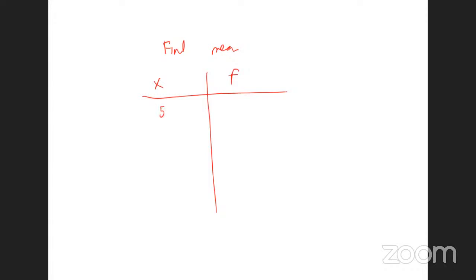I think it was 5.5, 15.5, 25.5, 35.5. I'll cut it short. Here was 8, here was 12, here was 19, and here was 21. How do you find the mean? What's the formula for the mean for grouped data? Sum of f x all over the sum of f.